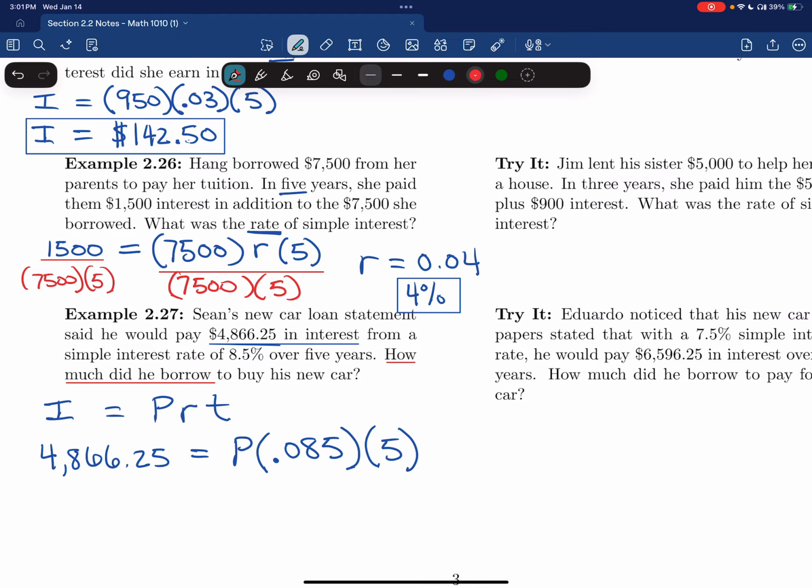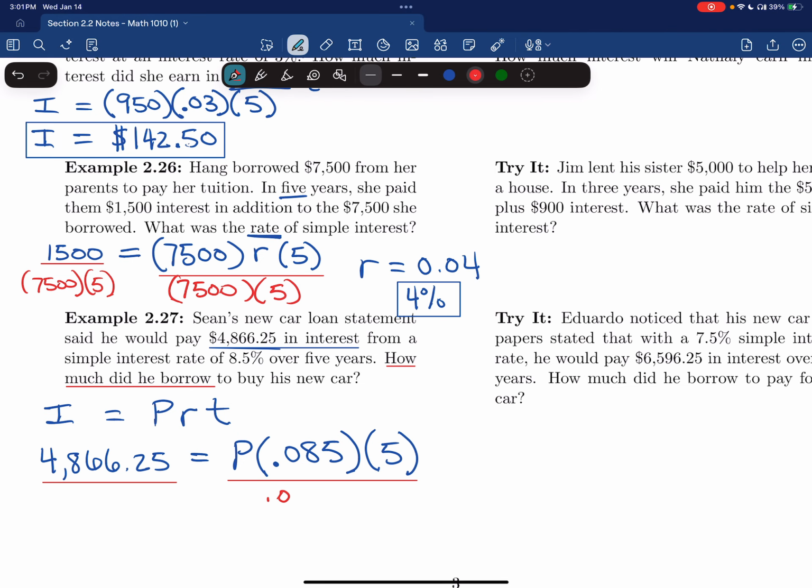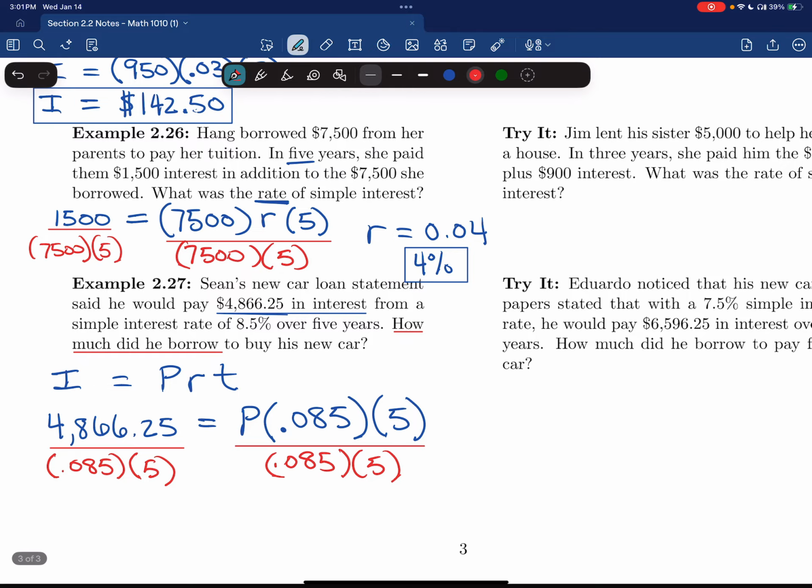Now, to solve this equation for P, I need to get P alone. So I'm going to divide 0.085 times 5. You know, this stuff, it's all being multiplied. So inverse of multiplication is division. I'm going to just divide it over here. And so now I can find what P is.